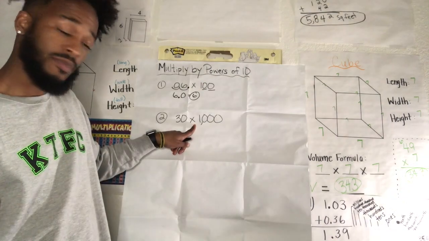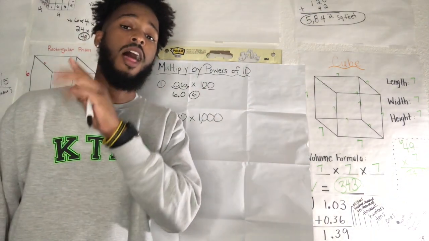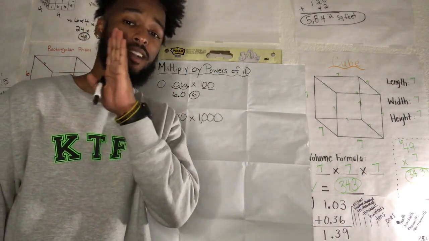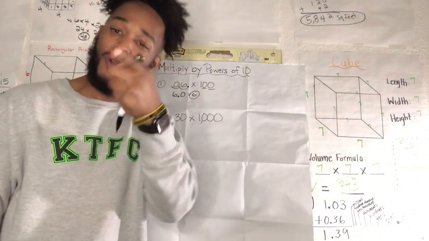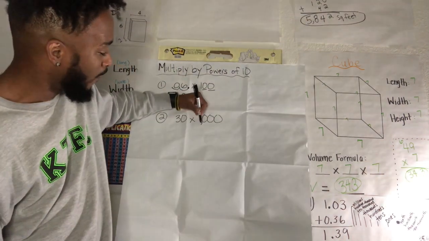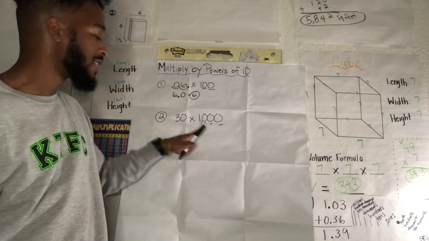One followed by 3 zeros is 1,000. That's right, you guys are so smart. So we have 30 times 1,000.